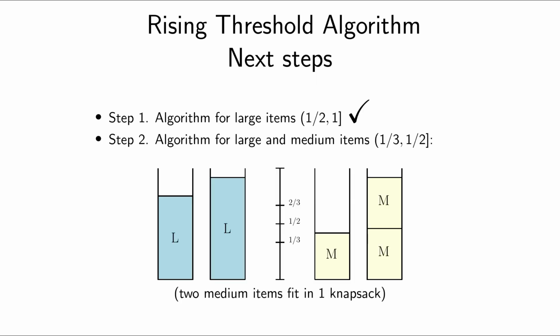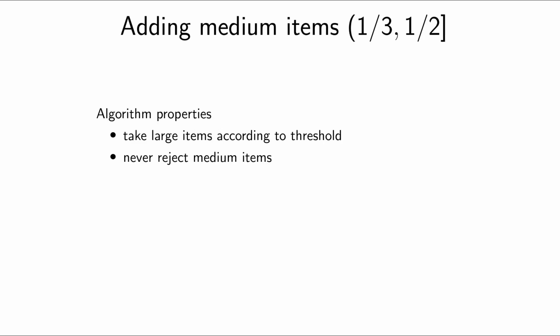Next, we show what the algorithm does when it encounters a medium item. These items are larger than 1/3, and at most 2 medium items fit in one knapsack. For now, let's briefly sketch some properties of the algorithm. We will provide the details later.